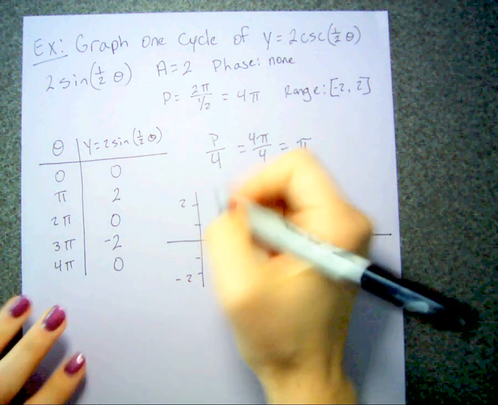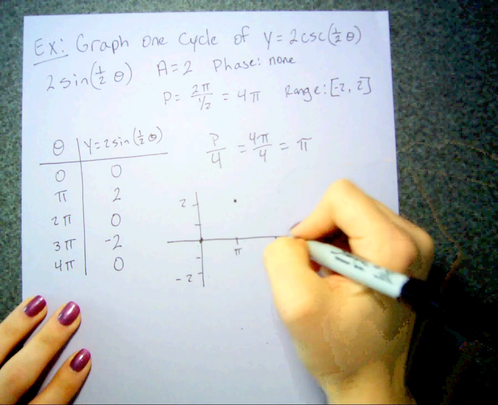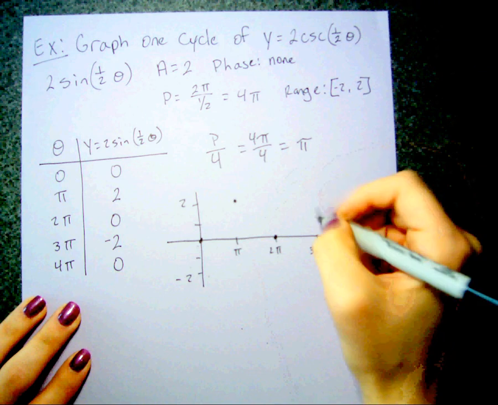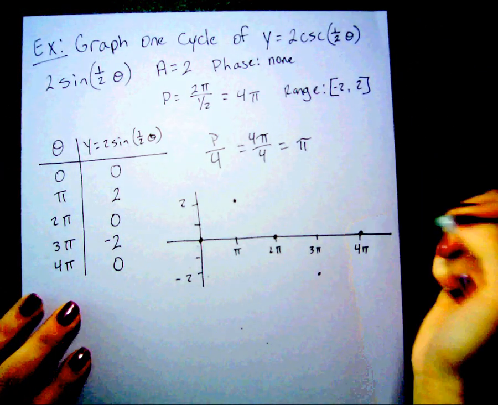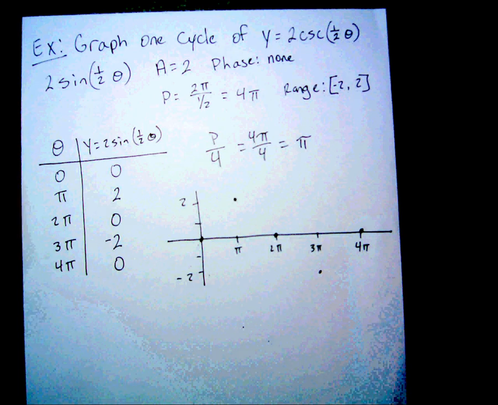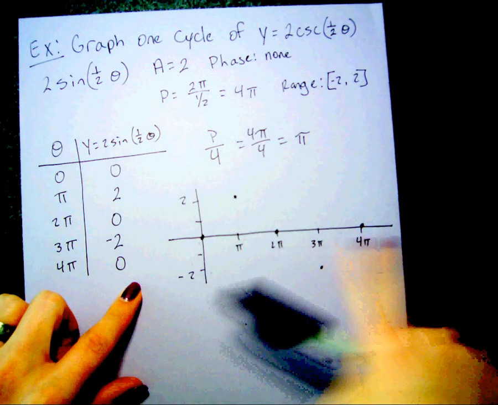And again, just plot your points. So 0, 0, pi, 2, 2 pi, 0, 3 pi, -2, 4 pi, 0. So my center did not change, right?